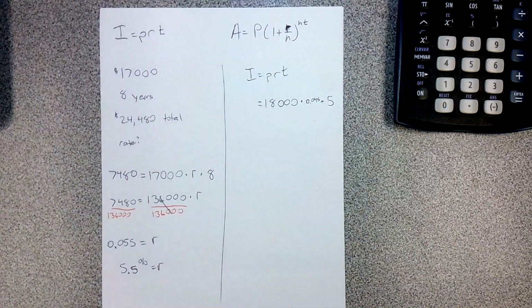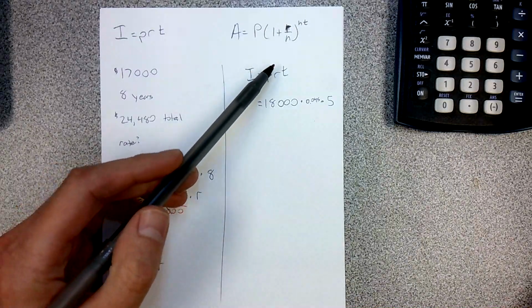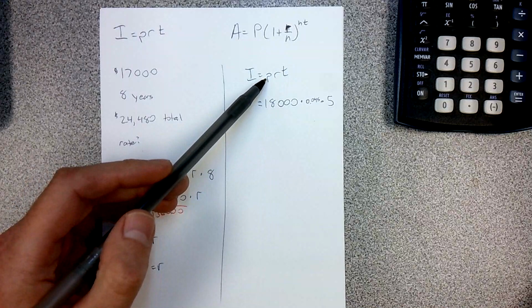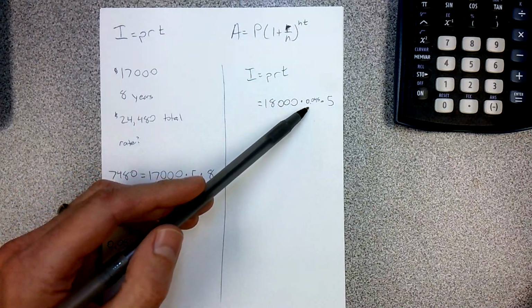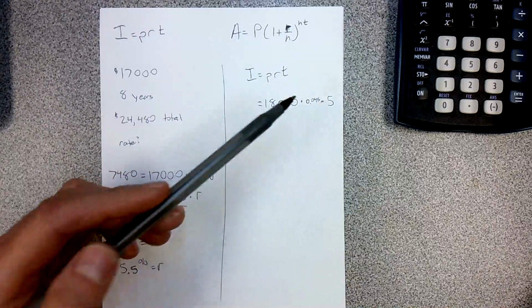Okay. How much interest will she pay if she pays the entire loan off at the end of the 5th year? Zooming in, this problem gave us all the information we needed to use this formula. They gave us the principal, the original amount borrowed, the rate, which is hard to see, but 0.045, and the time, 5 years.